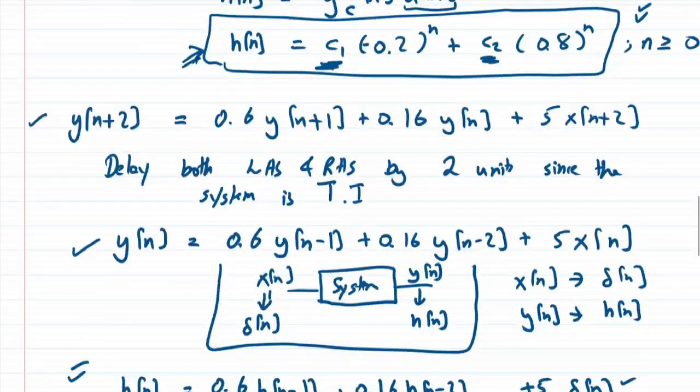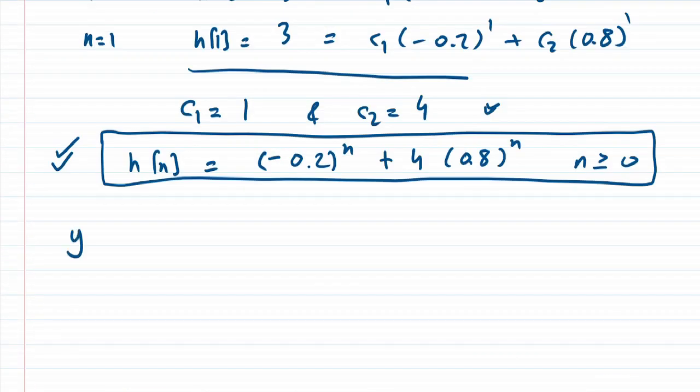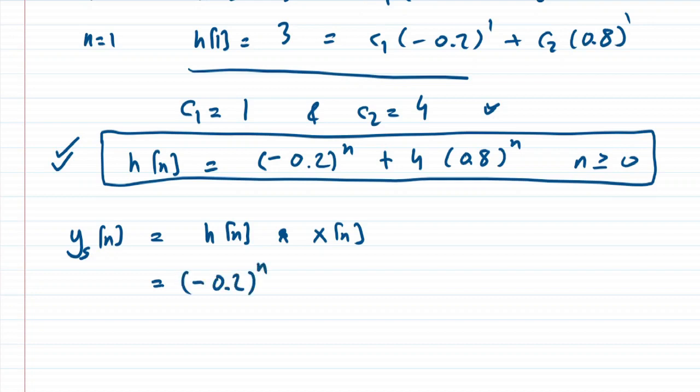So basically y s of n is this convolved with the input x of n, right? And this is simply minus 0.2 power n u of n from here.